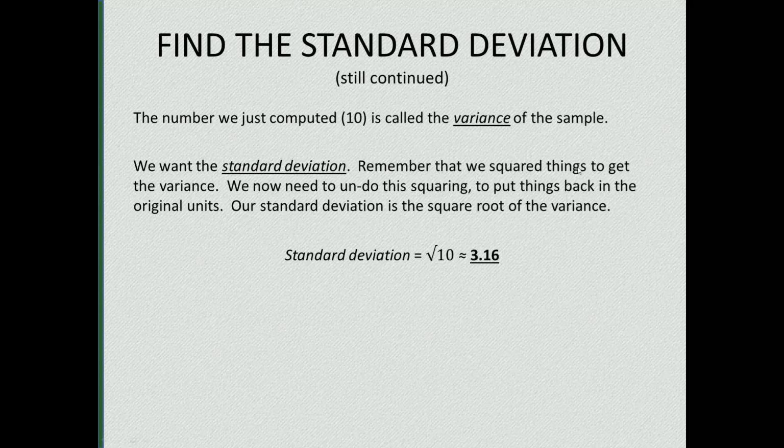And that number is something called the variance of the sample. To get the standard deviation, remember we squared everything in sight. We'll take a square root again at the end of the process to put things back in the original units. Our standard deviation is the square root of our variance, square root of 10, or 3.16.